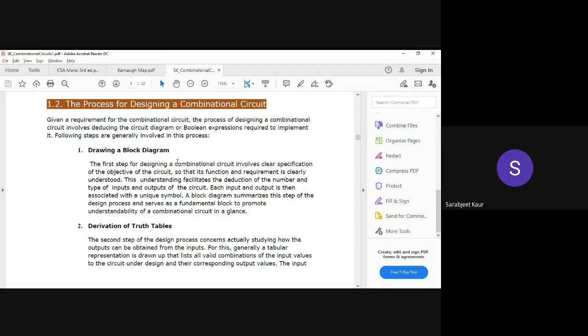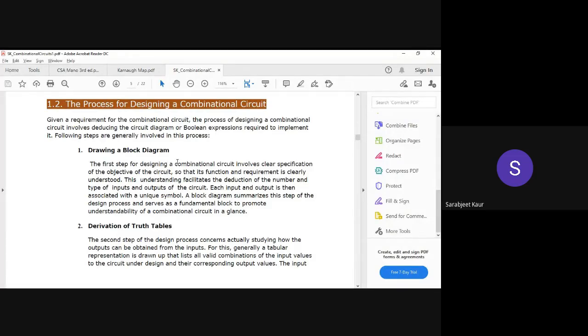What we just want to see is that we are just going to restrict ourselves to looking at how many input variables will come to this particular box, black box that I've drawn in between, and how many outputs will emanate from this box, and what is the purpose that this box is to achieve.